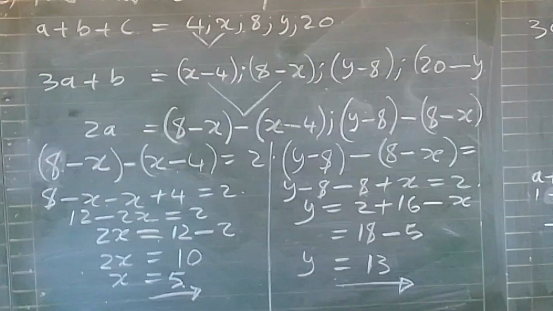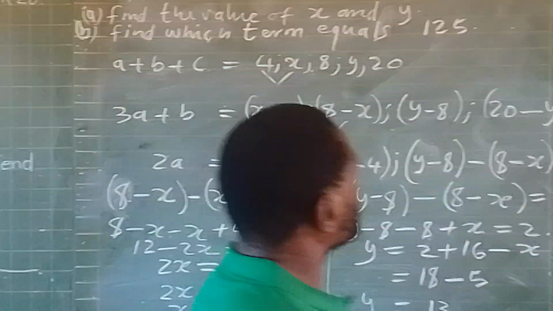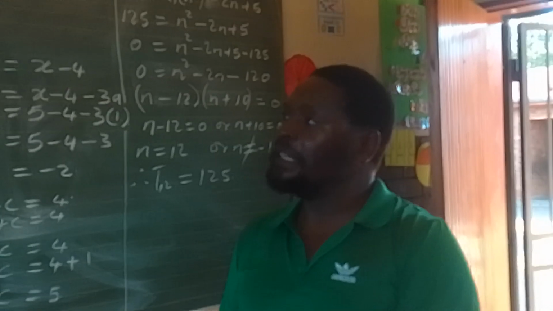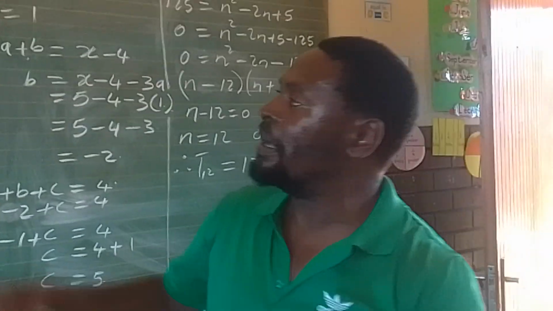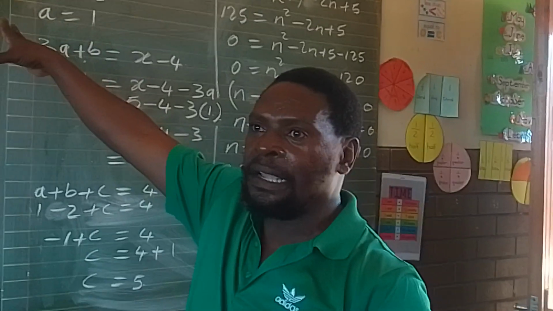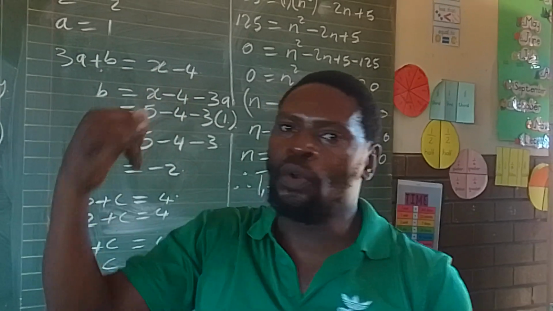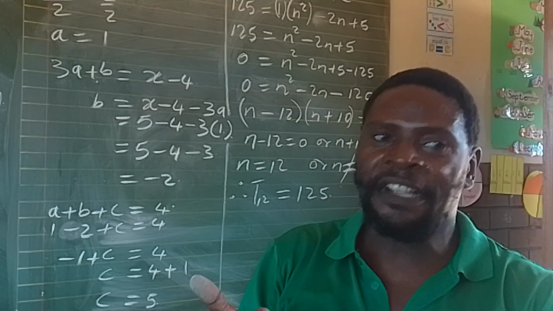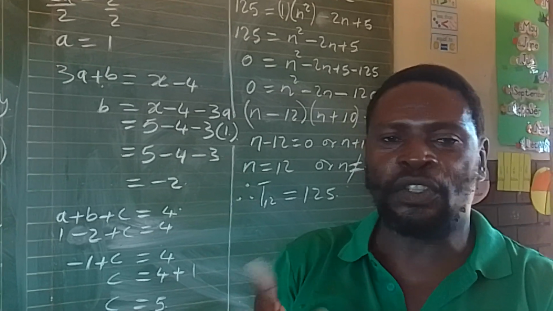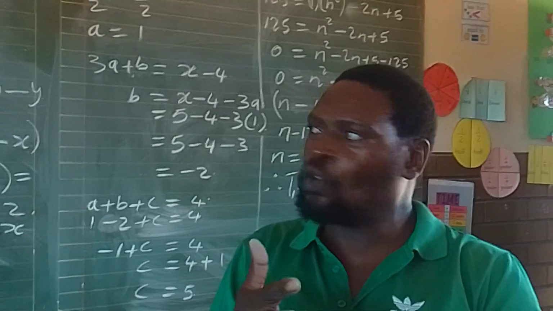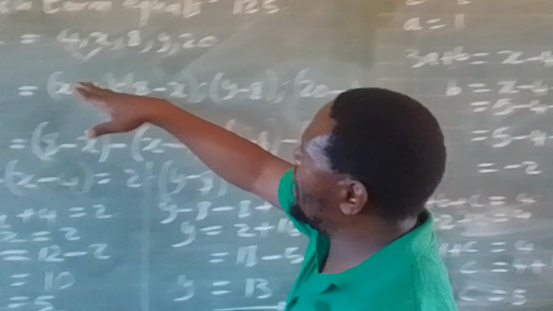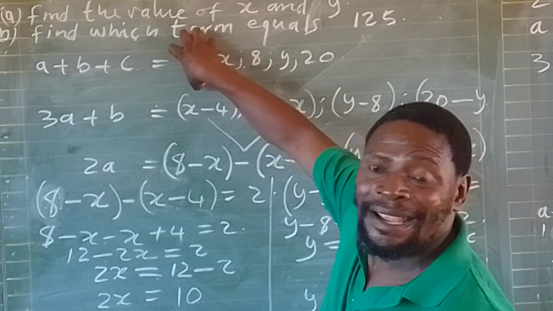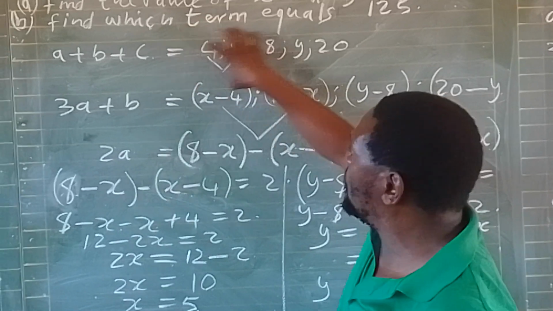Now go and practice, grade 12. Practice everything that you know about the quadratic formula. Most of the things that they are going to ask you are the relevant questions that are in the quadratic form. You must know your first difference or second difference. Second difference is common, remember? Then if it is common, you use this A plus B plus C, you equate it to the first number of the sequence.